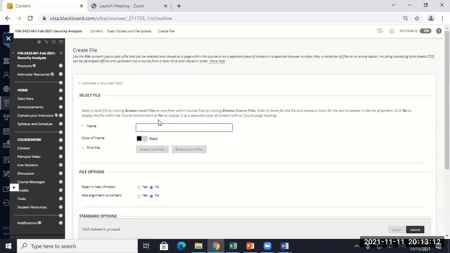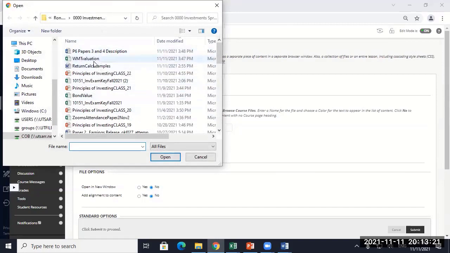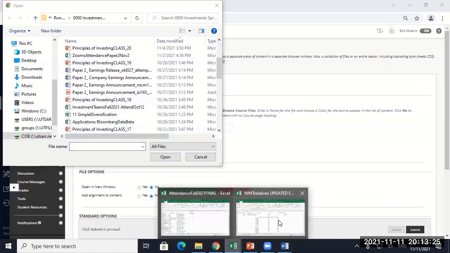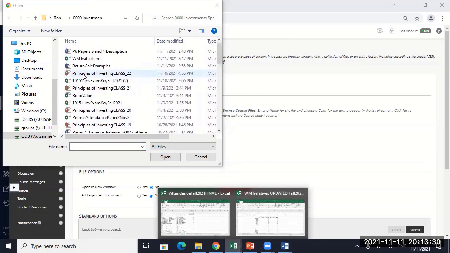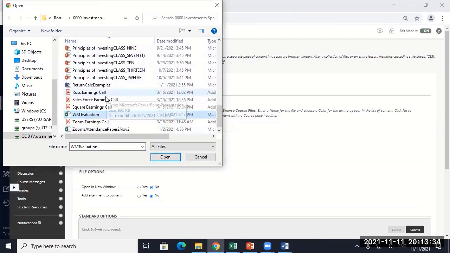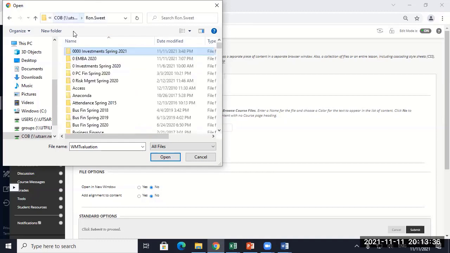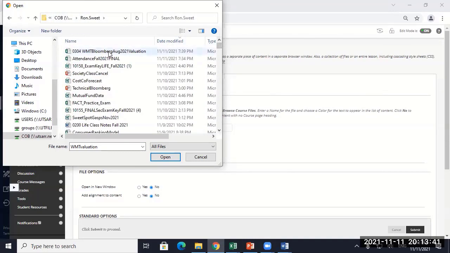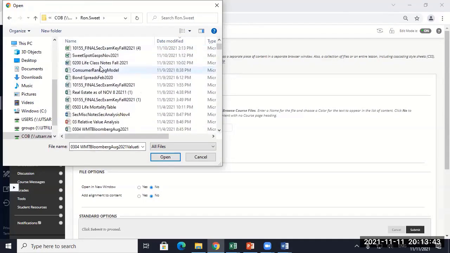What do y'all want me to call it? The relative value Excel file. And what's it called? WNT relatives. That's valuation, though, right? WNT. Oh, I'm in the wrong one. WNT.